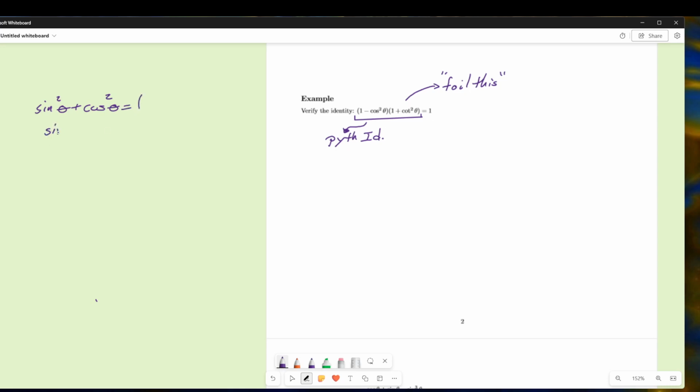That means, by implication, that the sine squared of theta is equal to 1 minus the cosine squared of theta. So, this 1 minus cosine squared of theta is equal to sine squared of theta, and that simplifies our scenario.